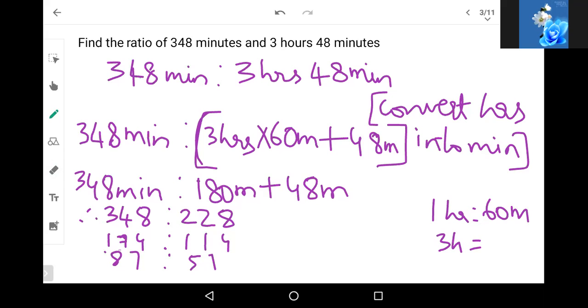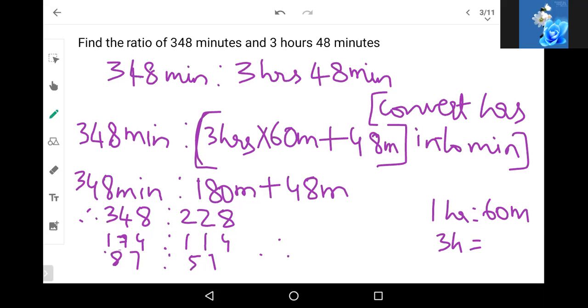Which table did you consider? 5, 4? 4 2s are 8. No, 3 you have to consider. 4 you will not get. 3 2s are 6, 27. 3 9s are 27, so you can take that. Always they have told the ratio should be in the most simplified format, right?